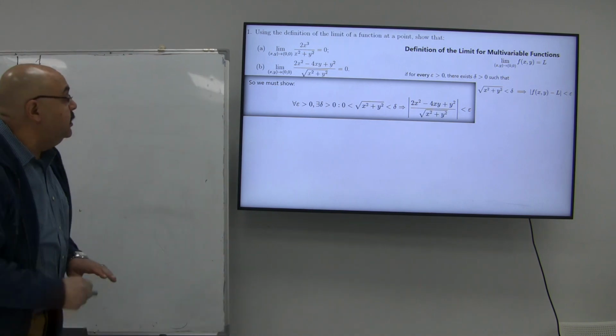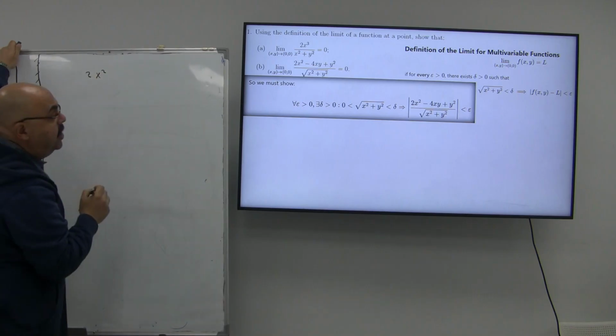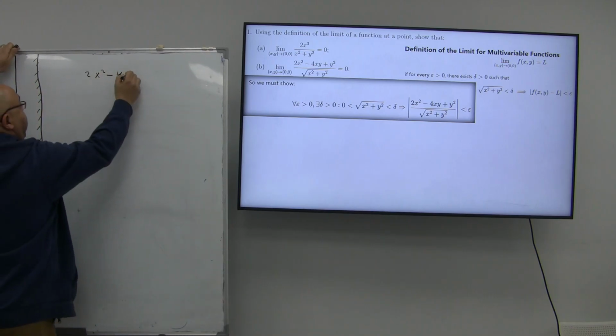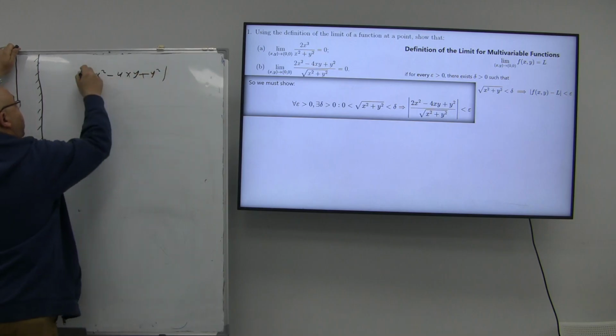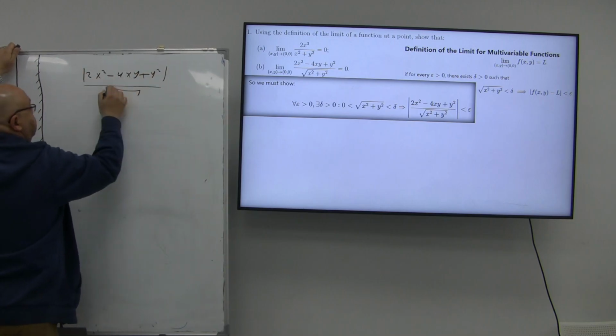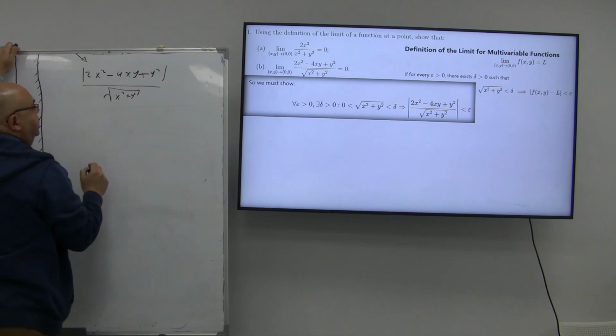Your numerator is the absolute value of 2x squared minus 4xy plus y squared, and here is the root of x squared plus y squared. I will focus on this expression.